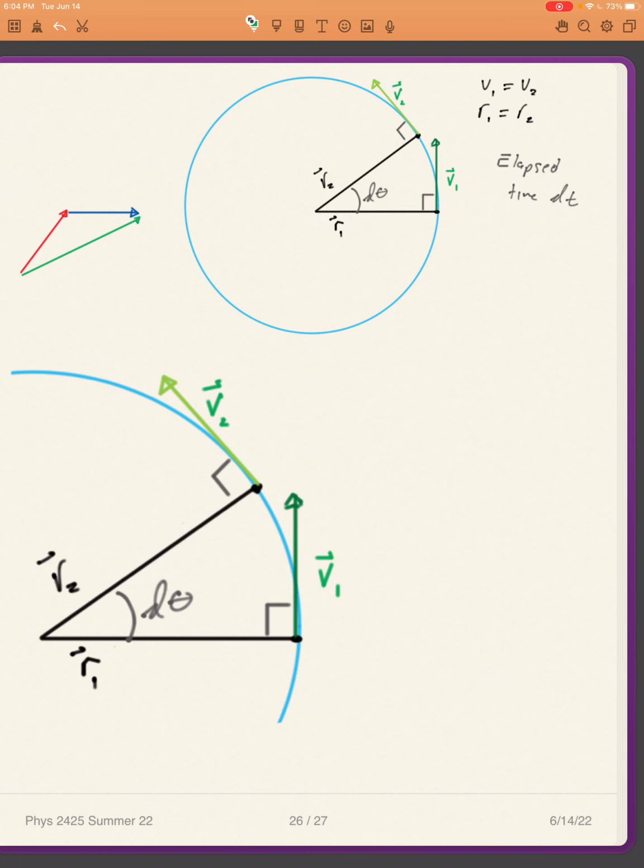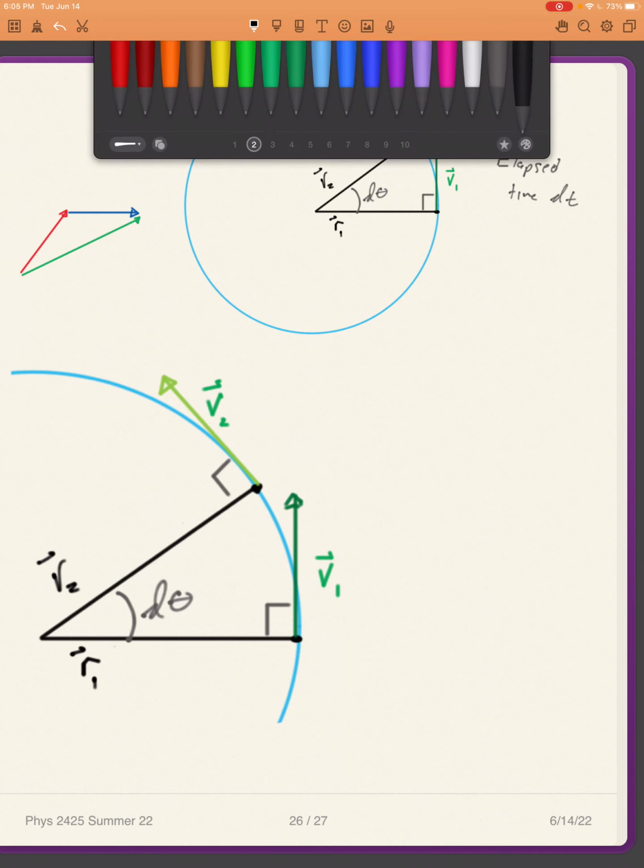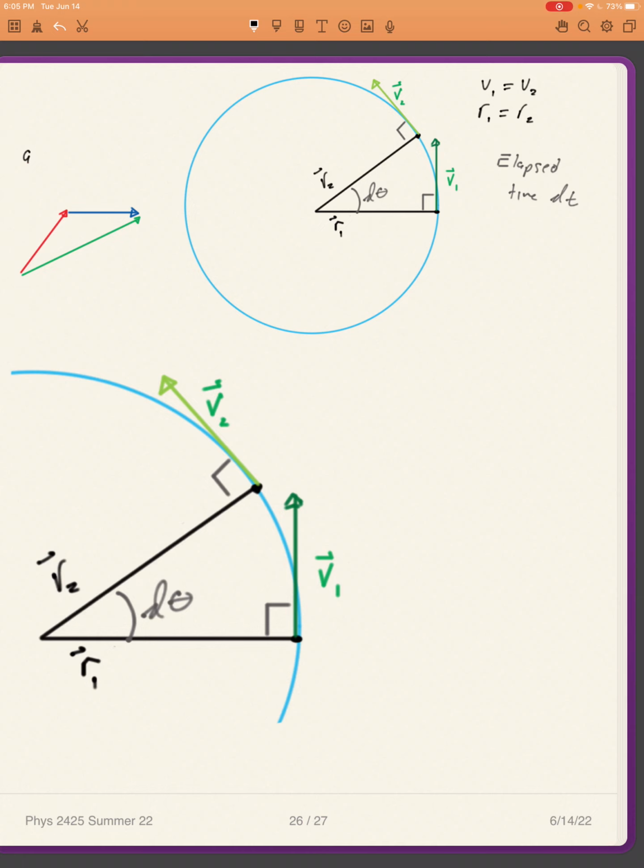So in this case, you see that vector A plus vector B equals vector C. So you can consider that in order to transform vector A into vector C, all I have to do is add a vector B. Okay, so let's see if we can use that to help us understand what's going on here.